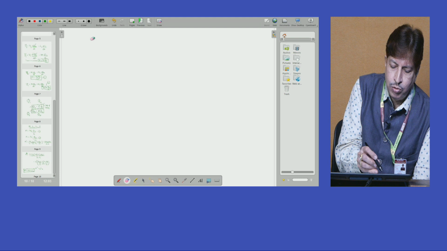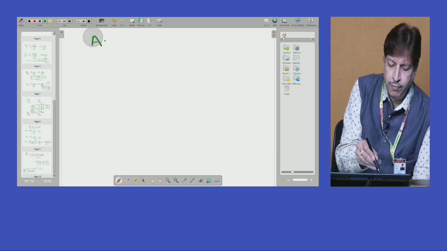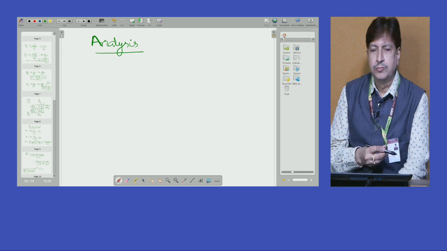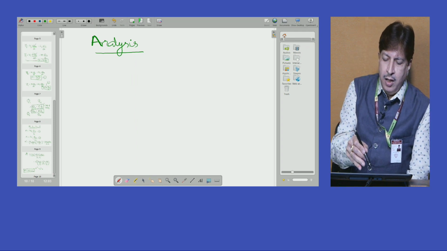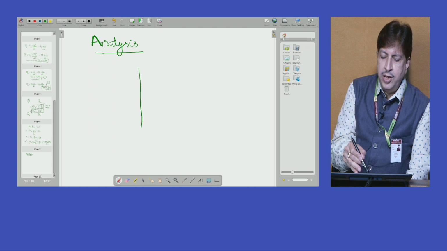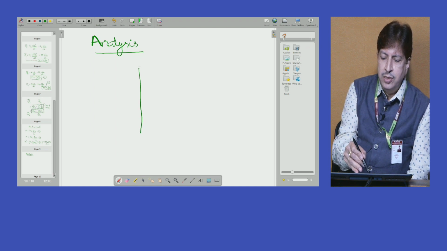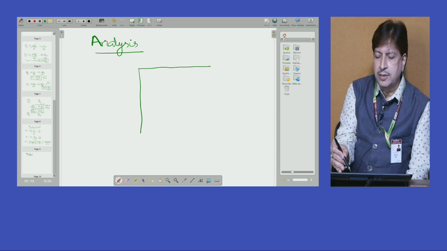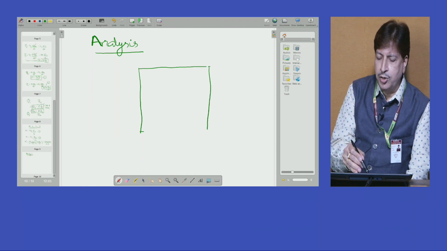Now let us go to the concept of how to analyze a coupled circuit. There are three stages in dealing with the analysis of a coupled circuit.